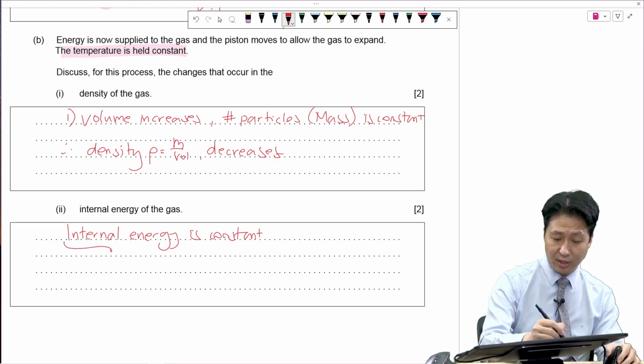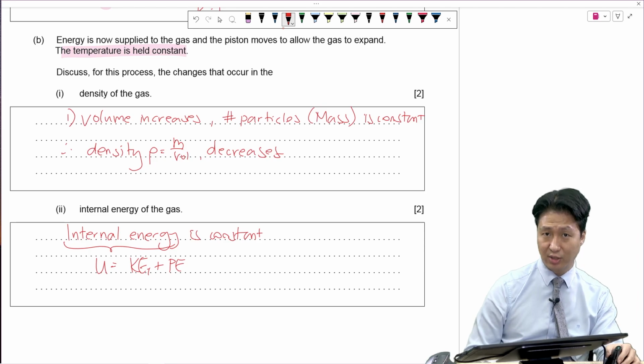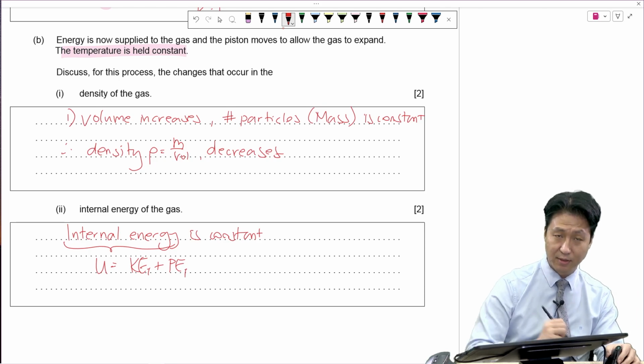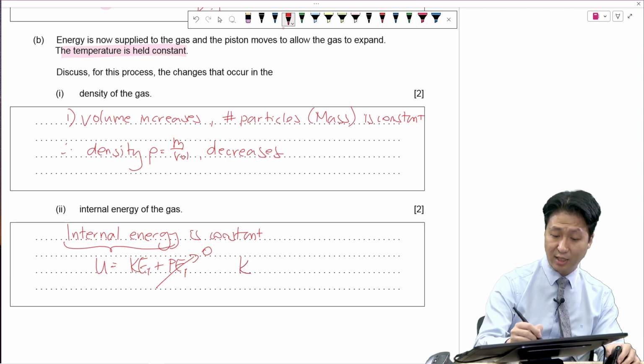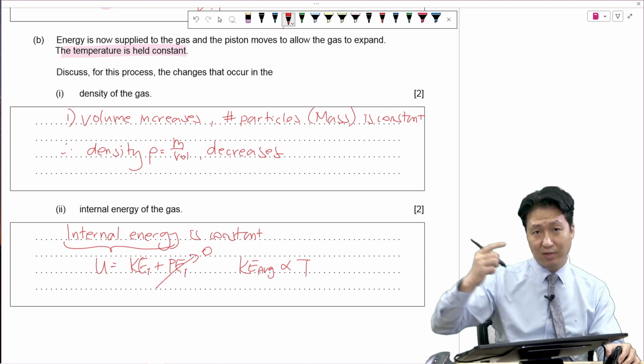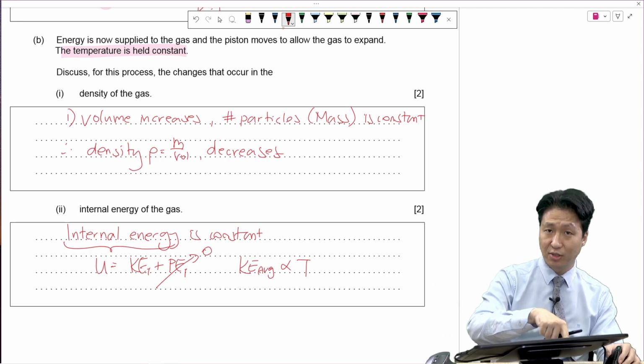The internal energy, which you call U, is the total kinetic energy plus the total intermolecular potential energy. But this for ideal gases is zero. And the kinetic energy, on average, is only proportional to the temperature. If the temperature is the same, kinetic energy is the same, which means internal energy is also the same.